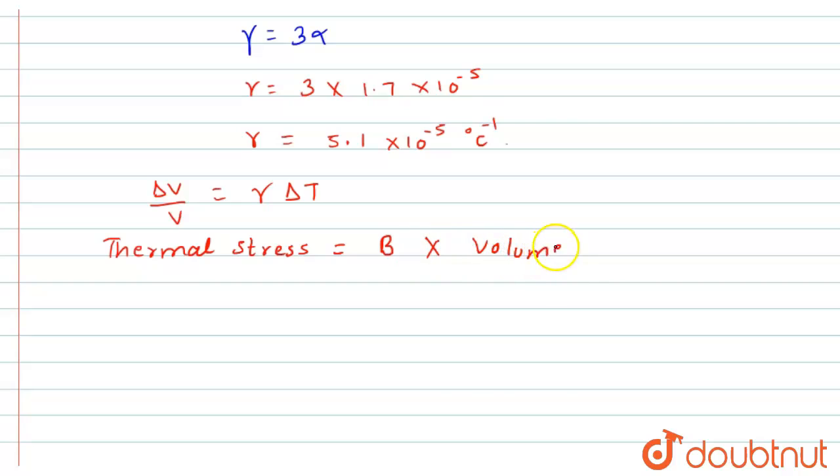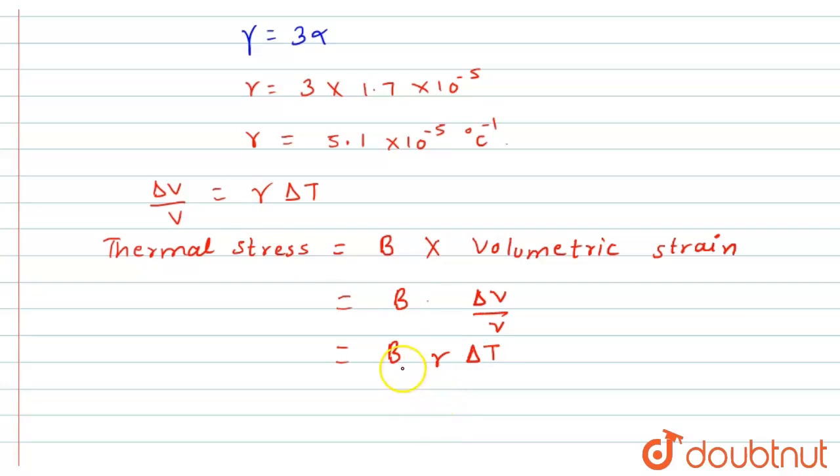The volumetric strain is delta V divided by V. So the thermal stress is B times delta V divided by V, and this expression equals gamma delta T. From here I use this value.